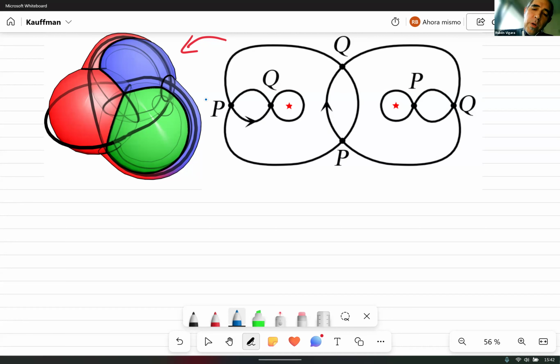For example, we can obtain the Johansson diagram of the branched covers over the trefoil, starting from this one. Okay. This is especially easy in the case of the cyclic coverings.